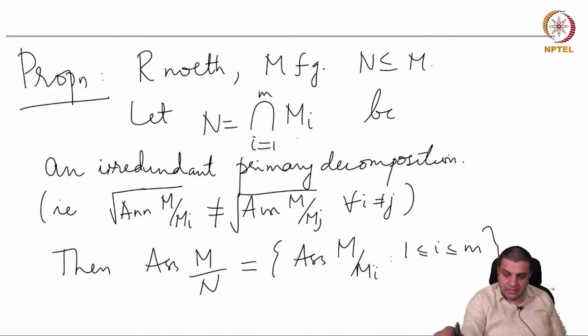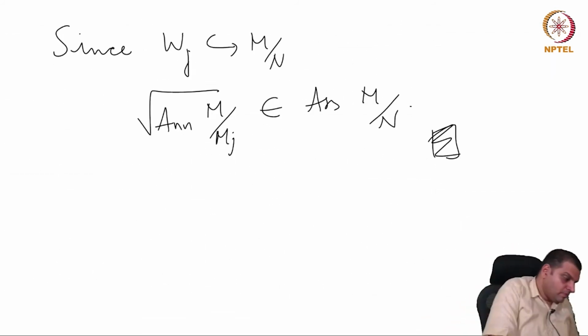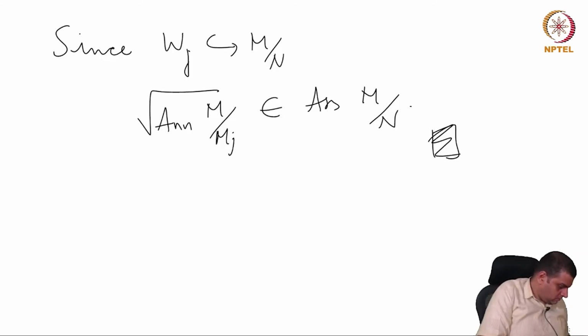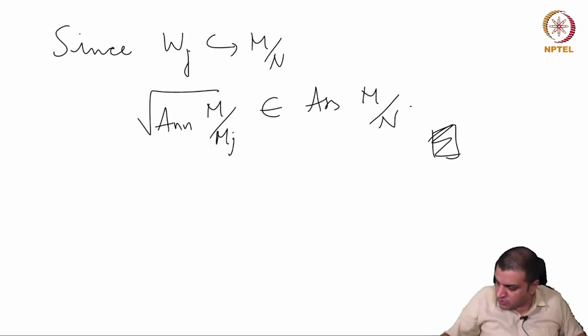If there are m terms here, N has m distinct associated primes. So this is one property of the primary decomposition that we have.